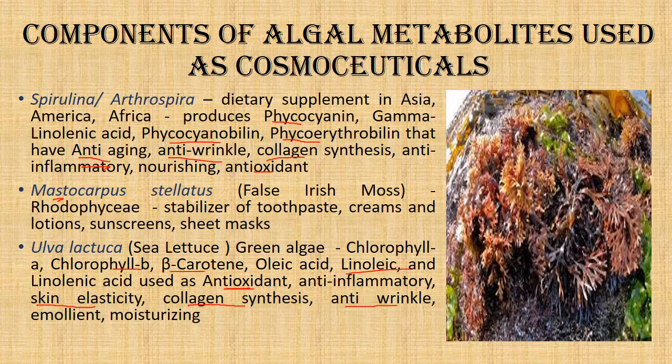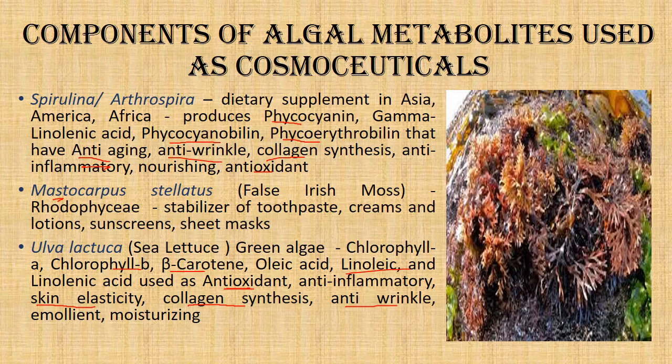So we see that spirulina, apart from being used as a cosmeceutical, is also used as a food supplement, so it is of multiple use. As it is very tolerant to highly saline as well as alkaline conditions, it can also be grown easily under raceway pond conditions.